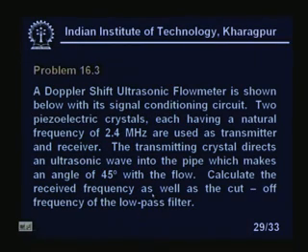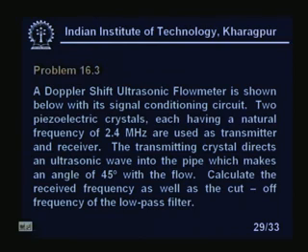A Doppler shift ultrasonic flow meter is shown in the figure below, with its signal conditioning circuitry. Two piezoelectric crystals, each having a natural frequency of 2.4 megahertz, are used as transmitter and receiver. The transmitting crystal directs an ultrasonic wave into the pipe, which makes an angle of 45 degree with the flow. Calculate the received frequency as well as the cutoff frequency of the low pass filter.